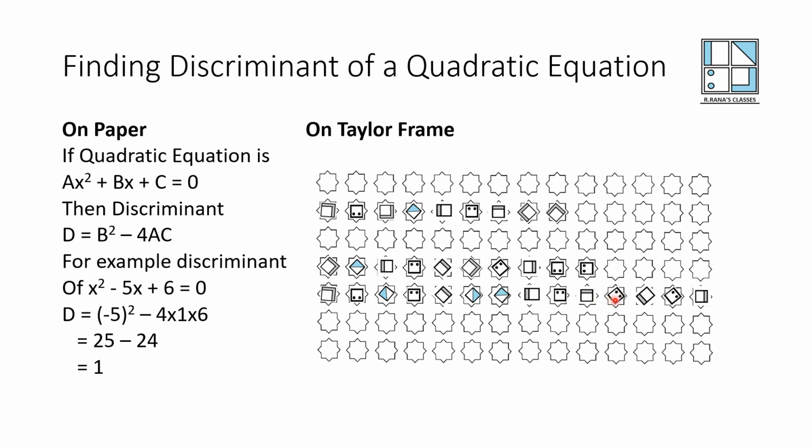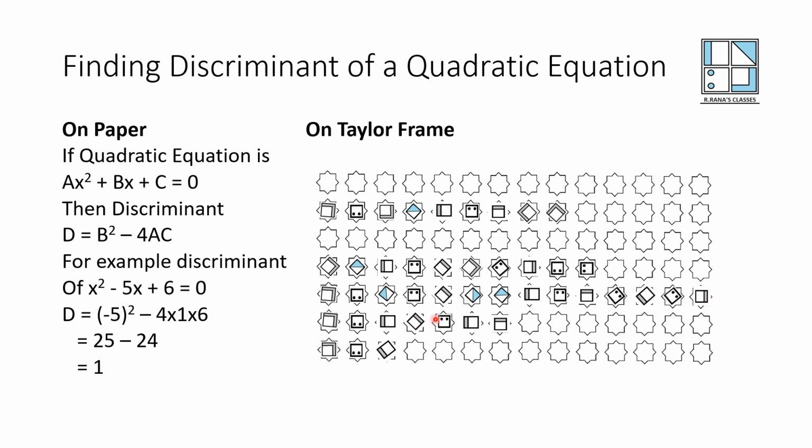A is 1, c is 6. So it is 4 into 1 into 6, 4ac.